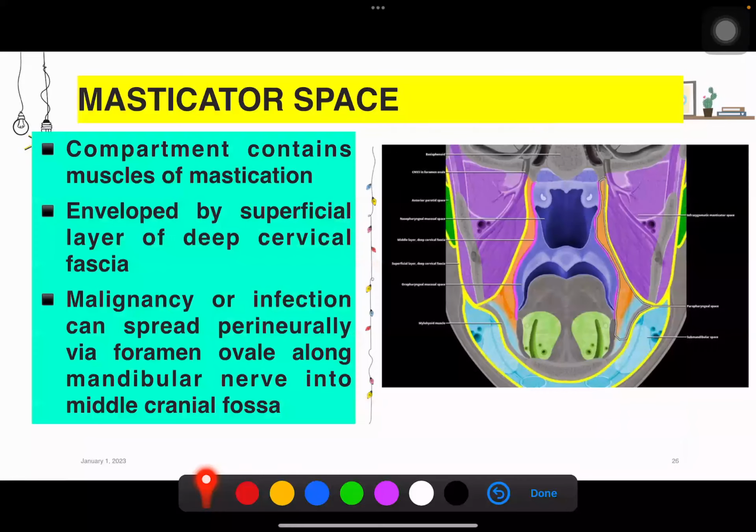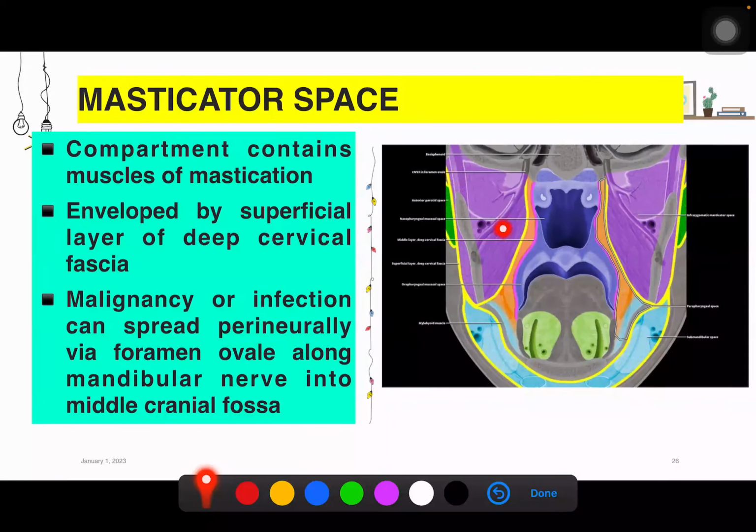The masticator space actually overlaps with the infratemporal space, so the same content, but in addition, it will contain the ramus and body of the mandible and the masseter muscle. So it will have the lateral pterygoid, which is superior because it will attach to the head and neck of the mandible.